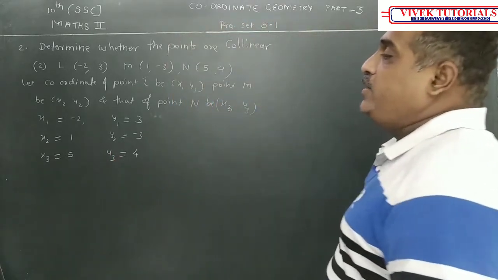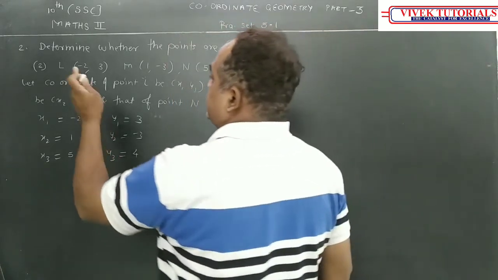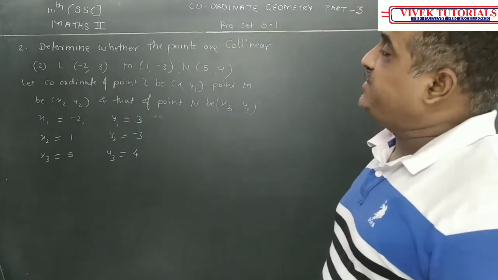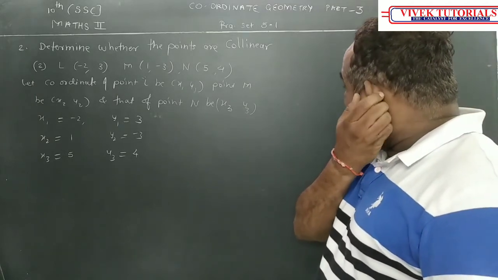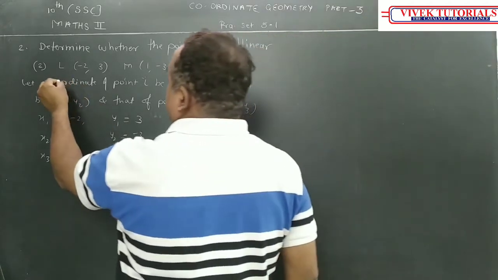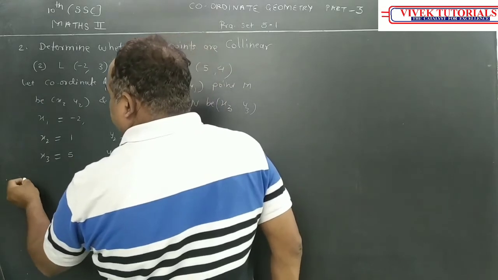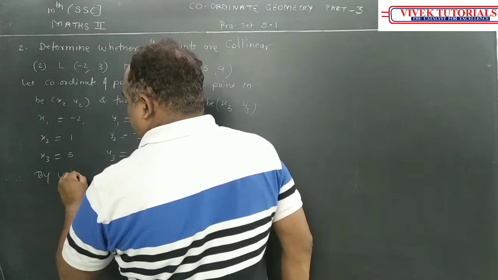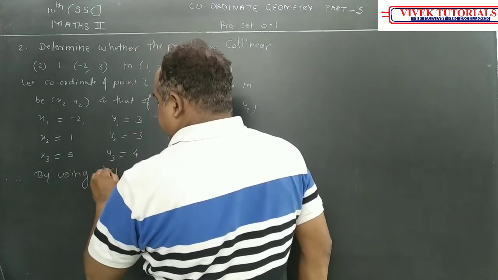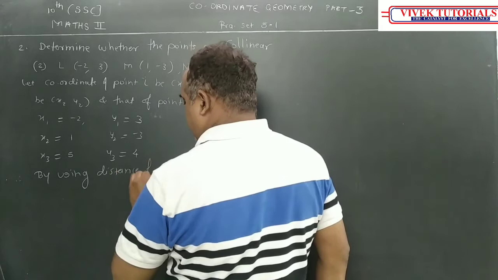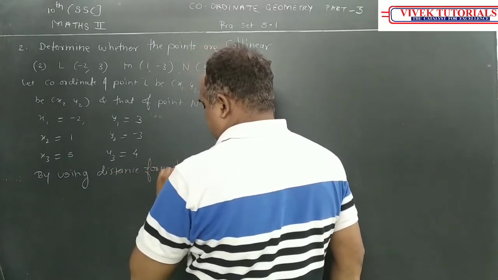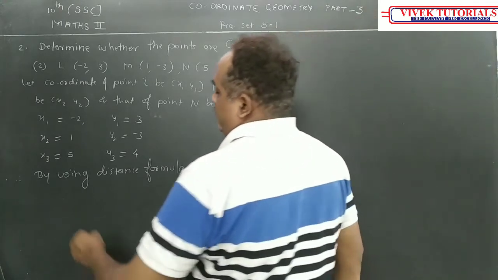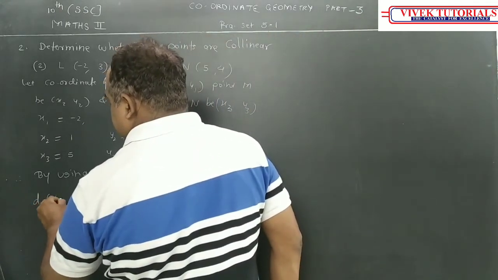After doing that, we are going to find out the distances LM, MN, LN. Then we check which segment has the larger length. So, by using the distance formula, we are going to find distance LM first.